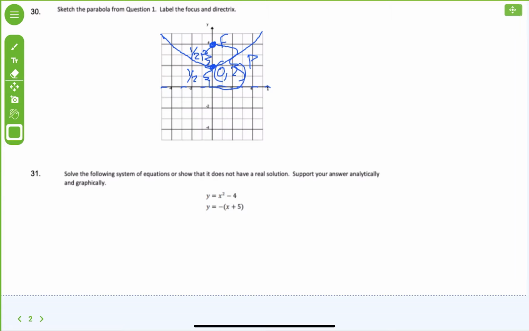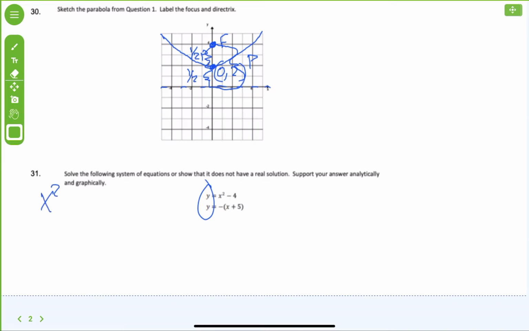Question 31 says solve the following system of equations or show that it does not have a real solution. Support your answer analytically and graphically. Since they're both equal to y, let's just set those equal to each other.